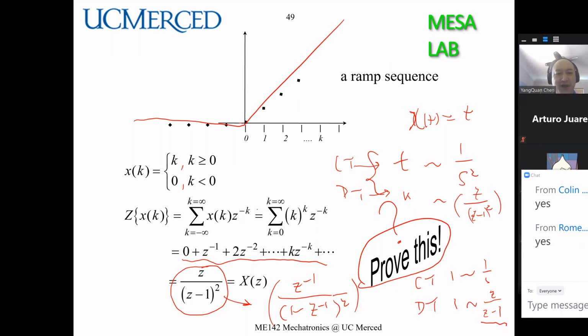And of course, we can do ramp. This ramp is not that straightforward. So basically, you have k, and minus k, so you become a sequence adding together like that. In continuous time, 1 corresponds to this.